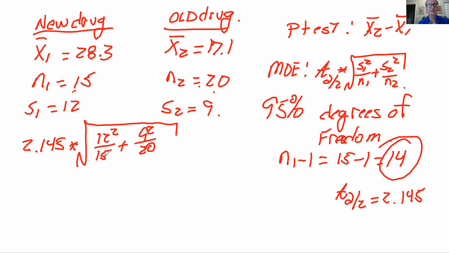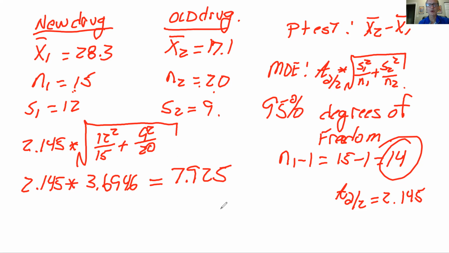That square root gives 3.6946. If you multiply those two together, you get 7.925. So this is our margin of error: 7.925.